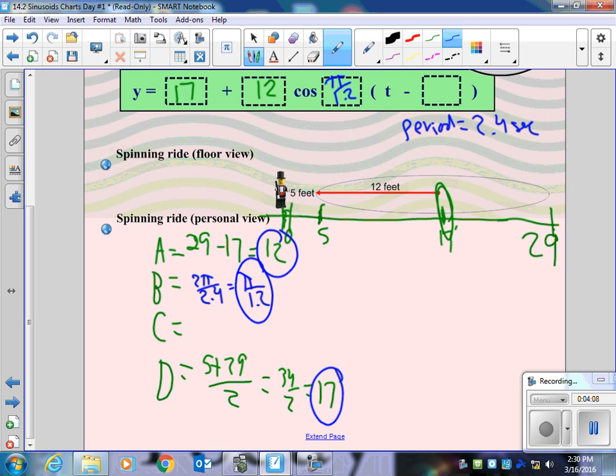That's going to be my peak. The reason I pick that is because I'm always going to choose C equal to 0. So we're always going to choose the easiest number we can imagine, which is C equal to 0. And there you have it. There is the sinusoid. 17 plus 12 cosine pi over 1.2 t.